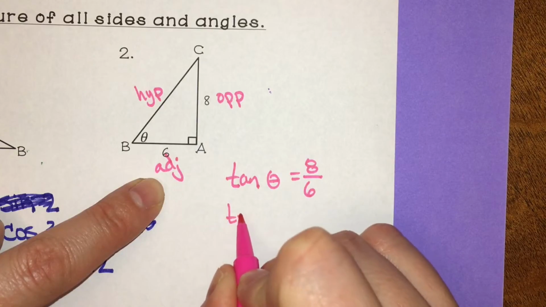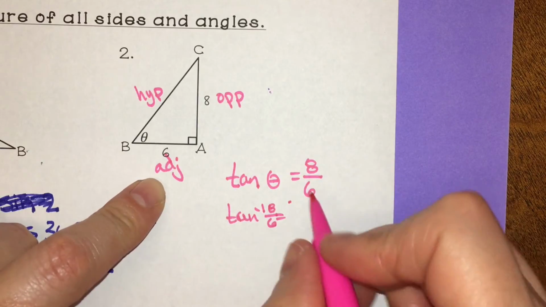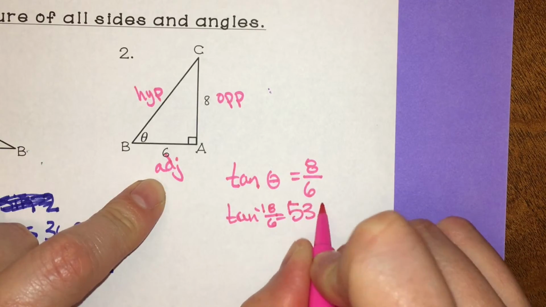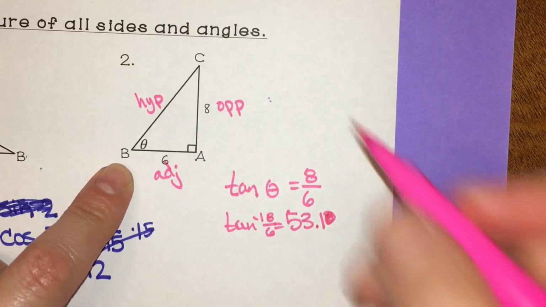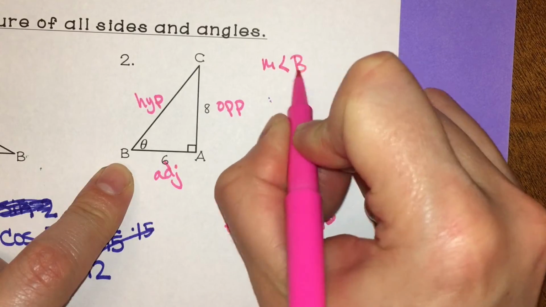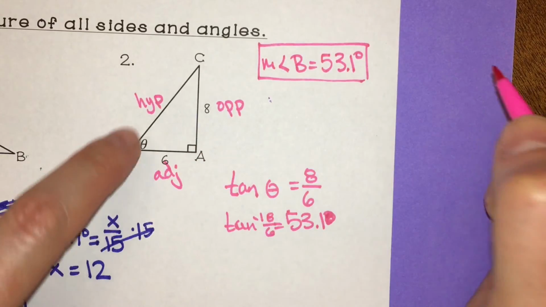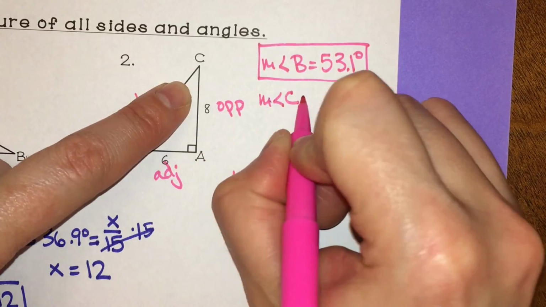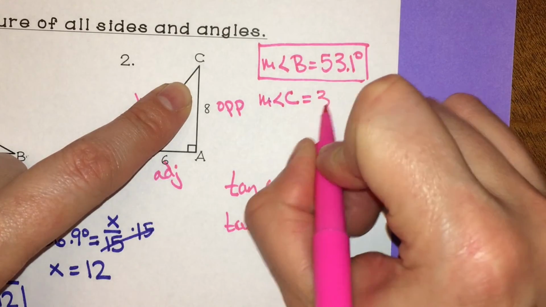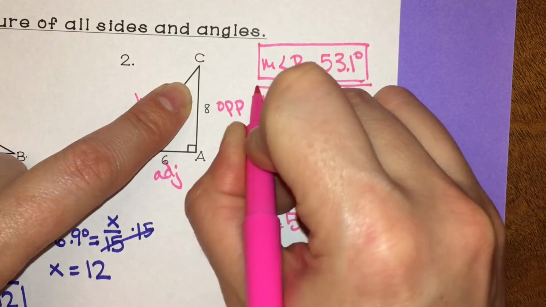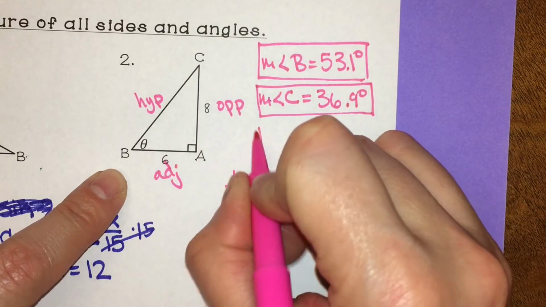So I have to do inverse tangent of 8/6, which gives me 53.1 degrees. And that is the measurement of angle B. I also have to find the measurement of angle C, and I just did 90 minus 53.1, which gives you 36.9 degrees.